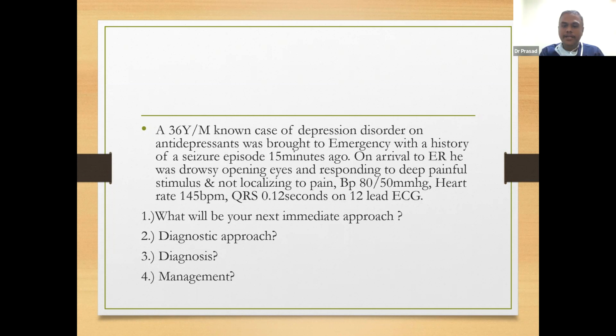His BP was around 80/50, heart rate around 145, and a 12-lead ECG showed a QRS of 0.12 seconds. So this is how he presented. What will be your next immediate approach? How will you diagnose and how will you manage? That is what we are going to learn in the next few minutes.